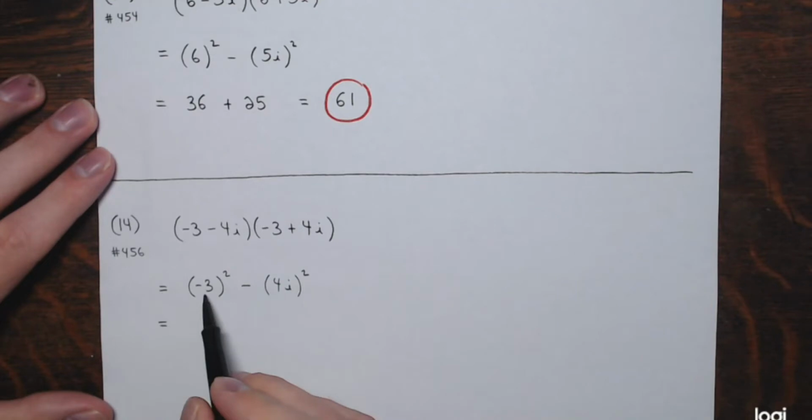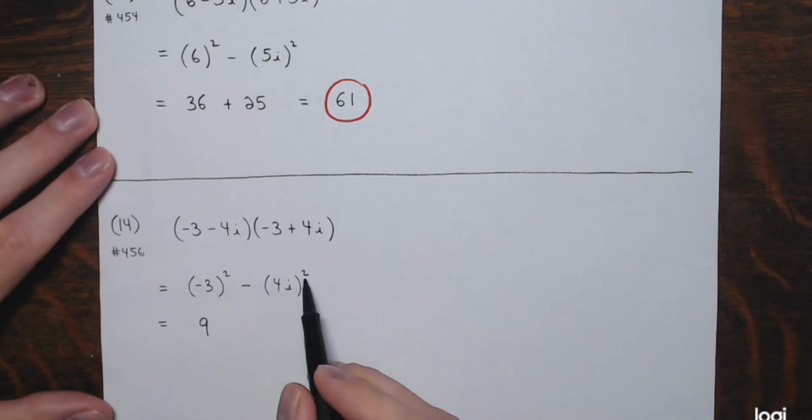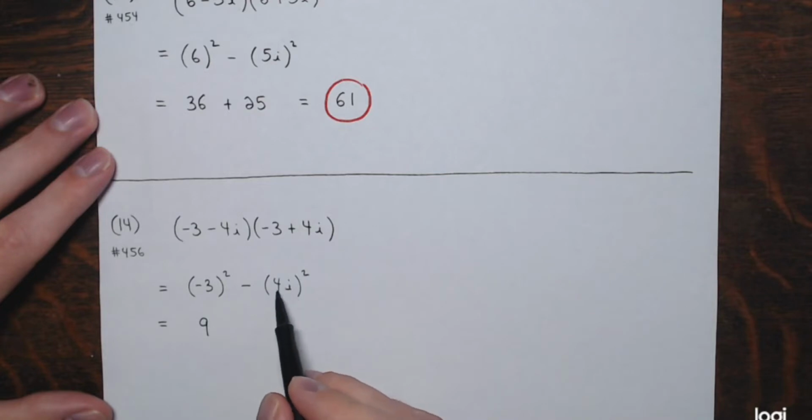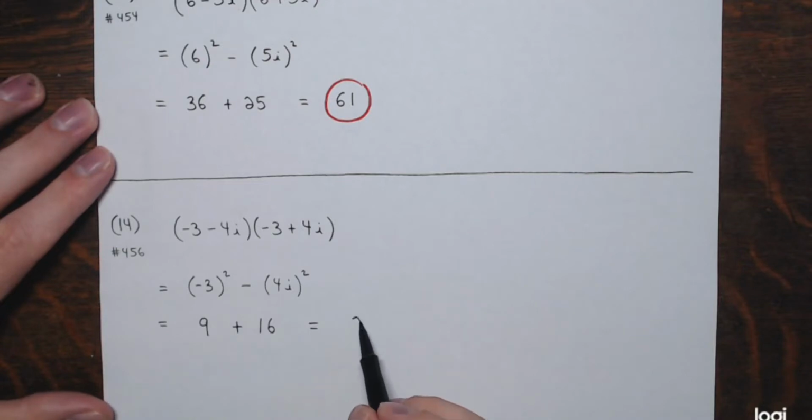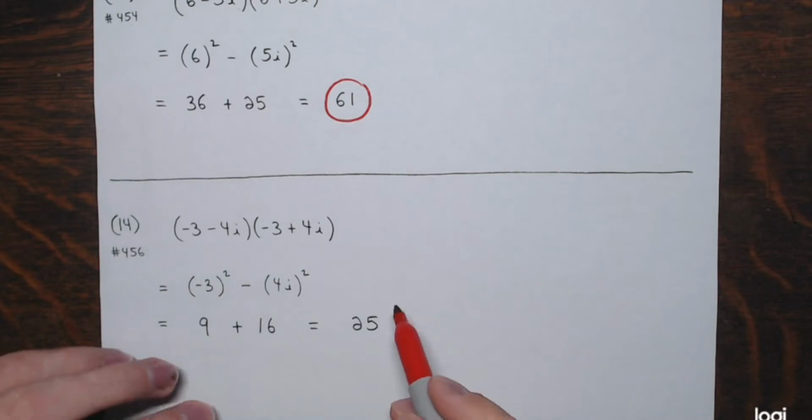Now negative 3 to the second is positive 9. 4i squared would be 16i squared, which would be negative 16 because i squared is negative 1. And minus negative 16 makes this plus 16. Please understand that. And 9 plus 16 is 25. And that's it. All right.